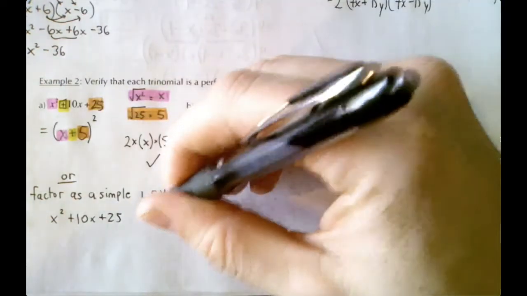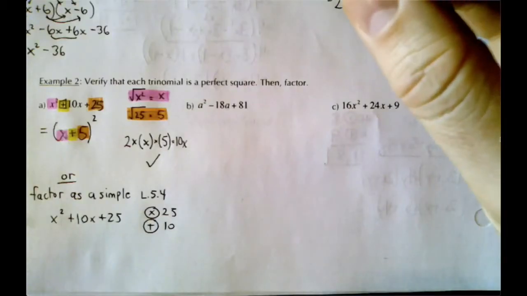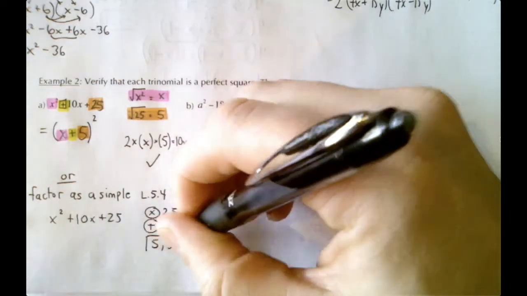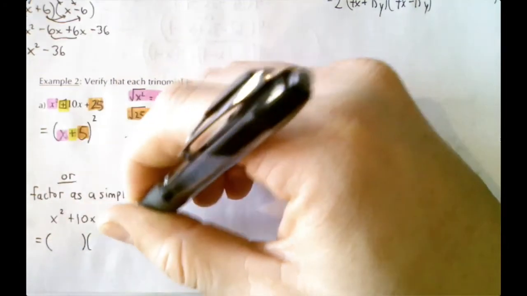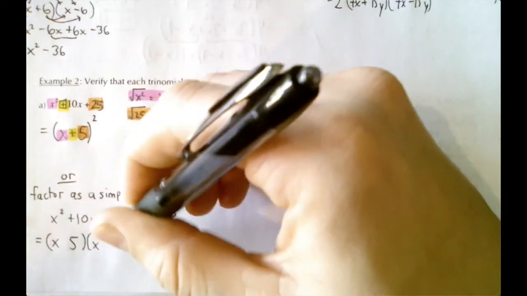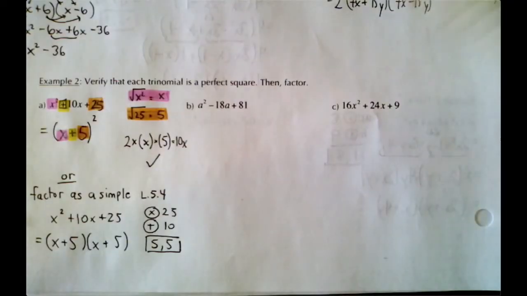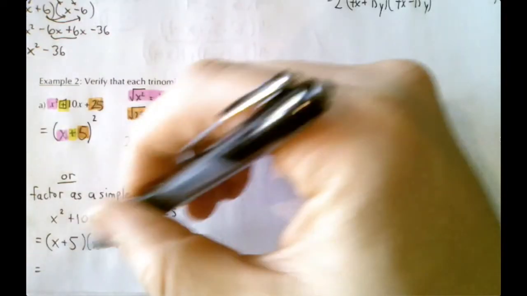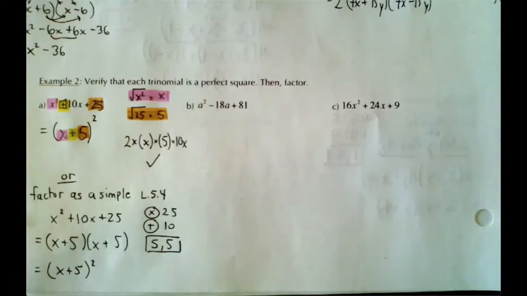We would look for numbers that multiply to 25 and add to 10. And the numbers that multiply to 25 and add to 10 are 5 and 5. So we would write two brackets that both start with x and that have 5 and 5 in it. And those 5s are both plus, so plus and plus. And now this is slightly different from this because there's still one more step. If your brackets ever end up the same from factoring, you just write it once, squared.